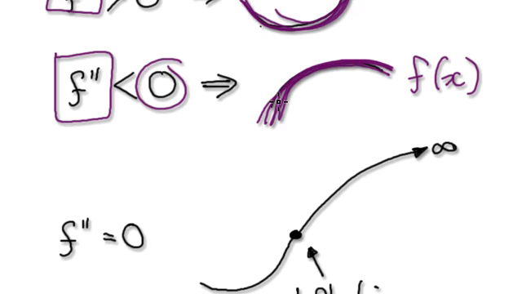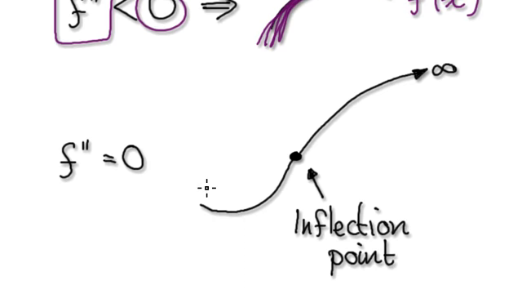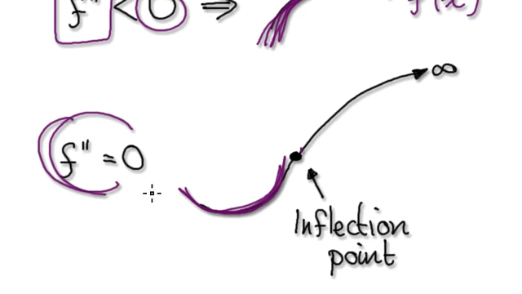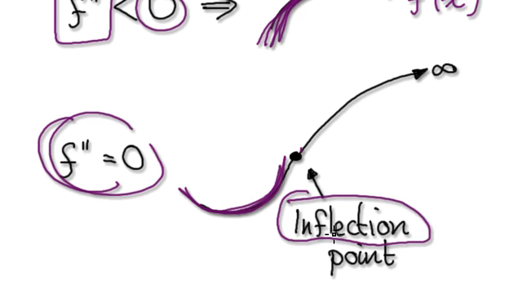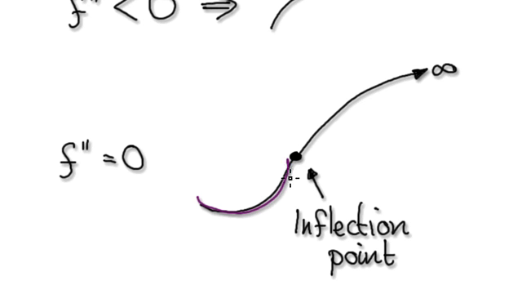And when it's dead on 0, in our case, this is what's happening here. We've got concave up, and when f double prime equals 0, you have what's called an inflection point here. Here the second derivative is greater than 0, and over here the second derivative is less than 0, so you have concave down.